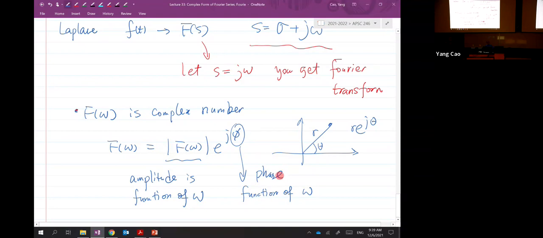So after transformation using the Fourier transform, the previous time domain function changes into a complex function of omega. And then you can easily extract the amplitude information and the phase information out of this F of omega, which you do not see directly in the time domain. You can only see that after you transform it.